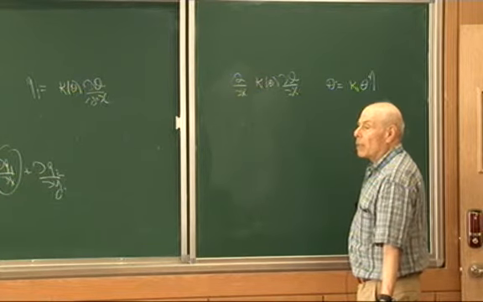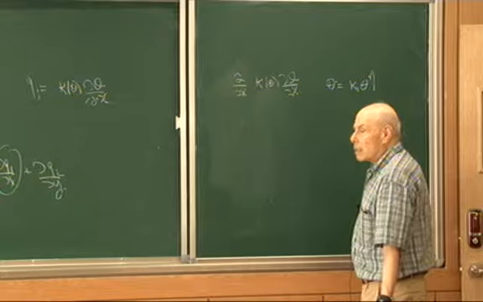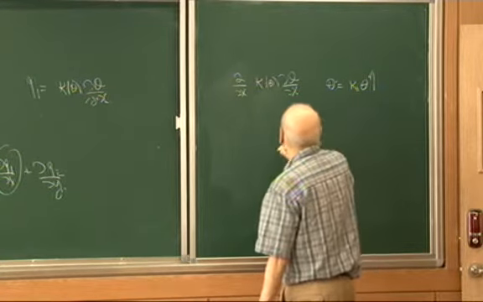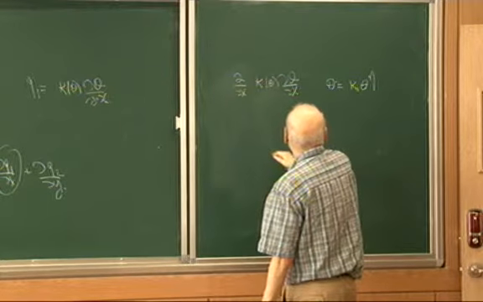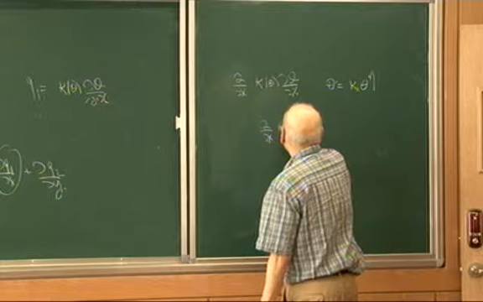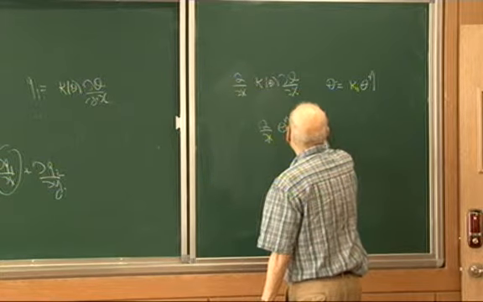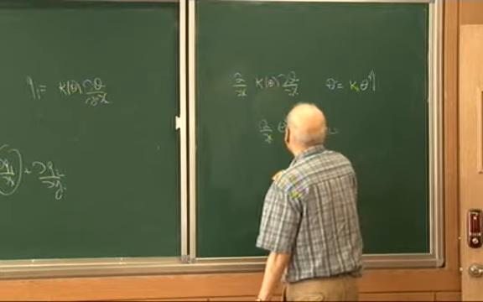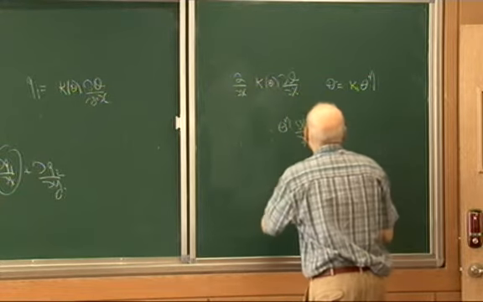Okay, so that depends on the type of gas. So let's plug it in. So the kappa 0 is irrelevant, so it's d dx of theta to the eta d theta dx equals 0.